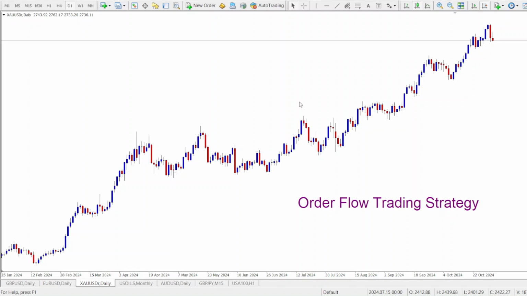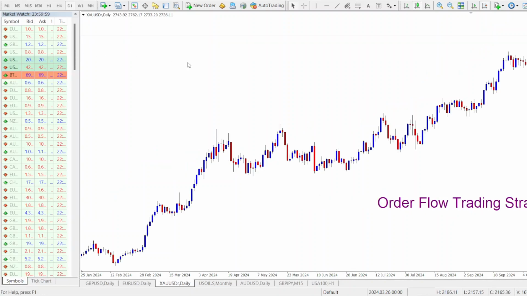And then secondly, practice reading the order book to gauge buying and selling pressure.